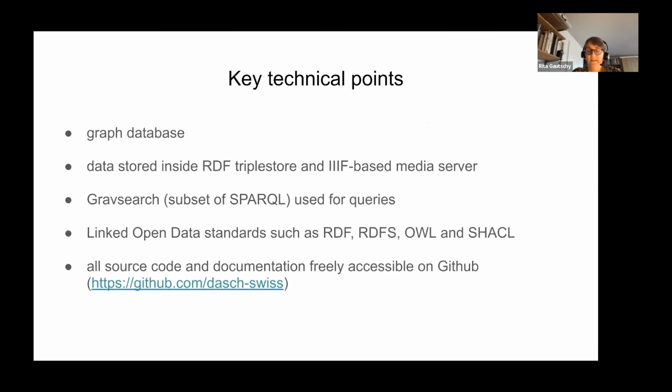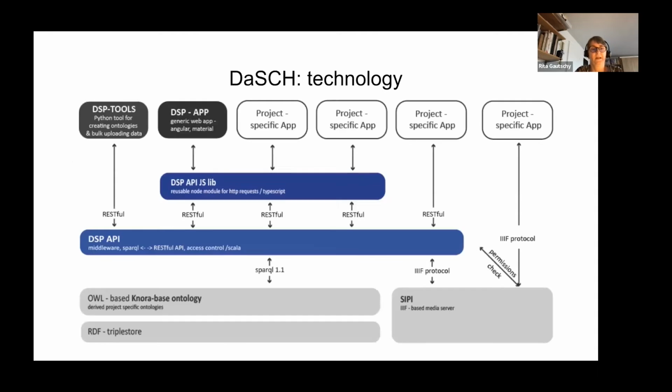A few key technical points. We have a graph database, and the data are stored in an RDF triple store, and the bitstream data, such as images, audios, or videos, in an IIIF-based media server.